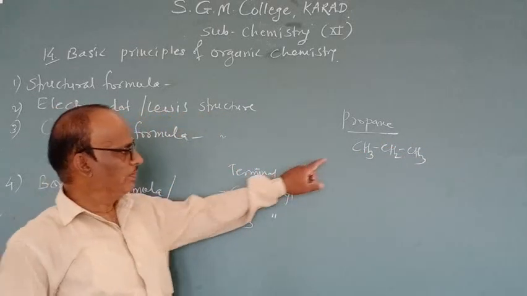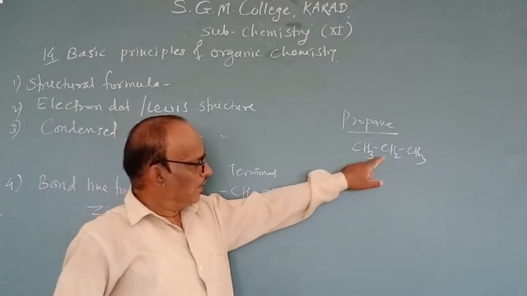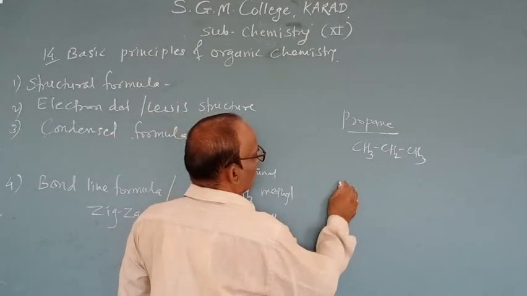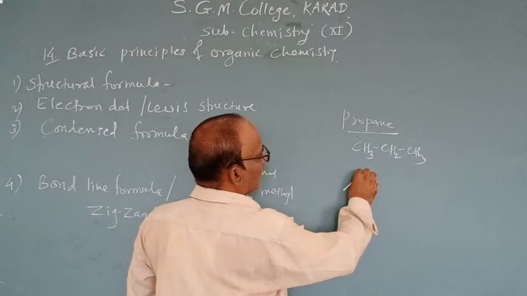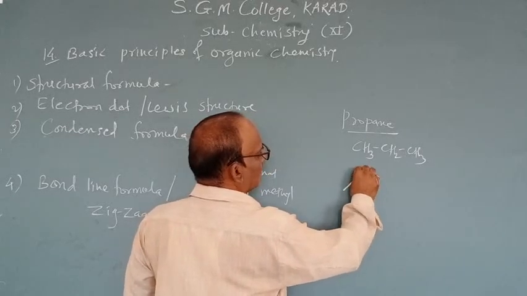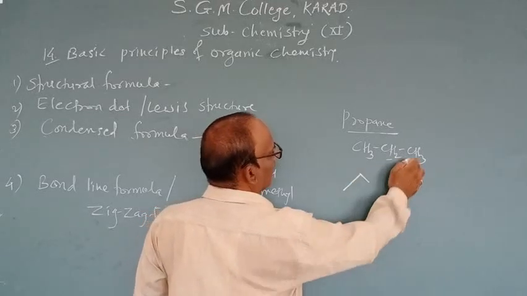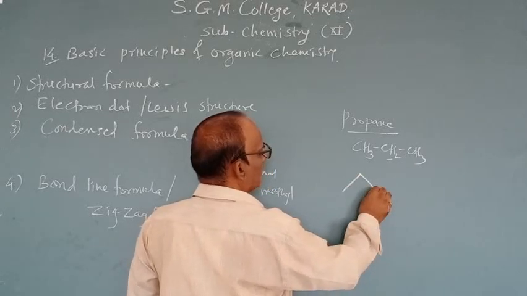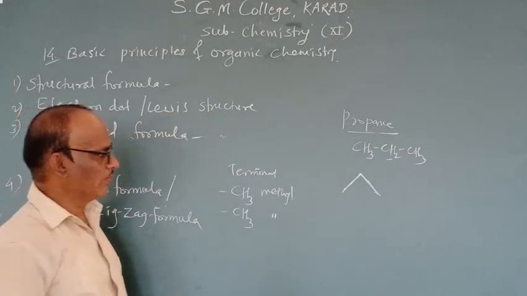In propane, the first and last carbon are methyl groups, and in the middle a CH2 group. This can be shown by the bond line formula. Here CH3, the line starts from the first carbon, then an intersection takes place. At the intersection a CH2 group is present, and the last one is CH3. So this is the bond line formula for propane.